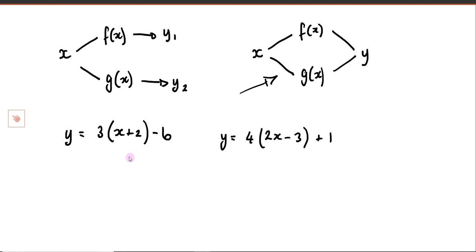So I could write 3 lots of x plus 2, minus 6, also equals 4 lots of 2x minus 3, plus 1. So this is where we come down to our equivalent forms again. I've not done anything in terms of rearranging. I have written down another equivalent form that is also true. And it's using my logic, which is, if that's the same as that, and that's the same as that, then this has to be the same as that one. All right? Has to be.